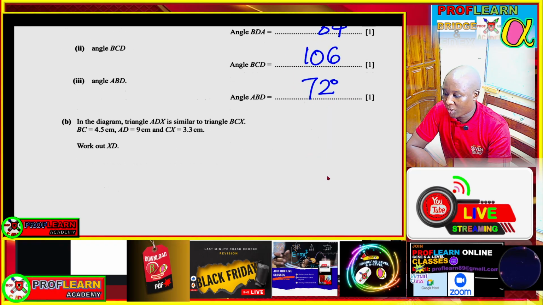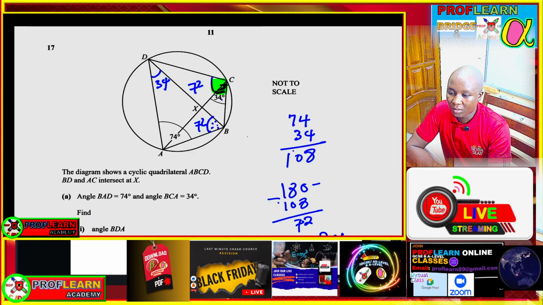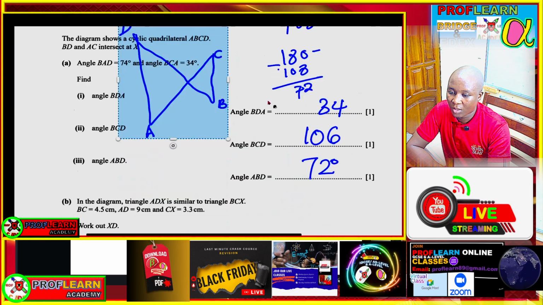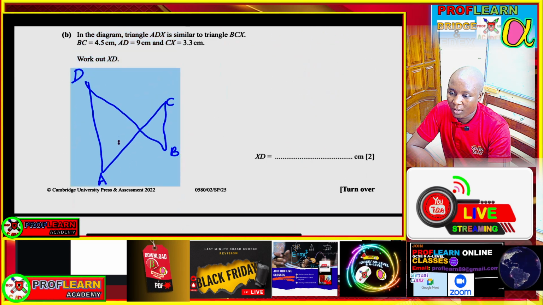Moving now to similar triangles or similar shapes, let me just erase everything here. We are supposed to use this triangle, this shape that we're having here. I'll move it a little bit down so that we can see what they want us to do.